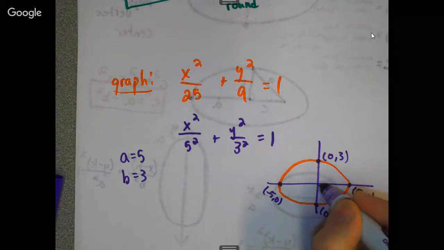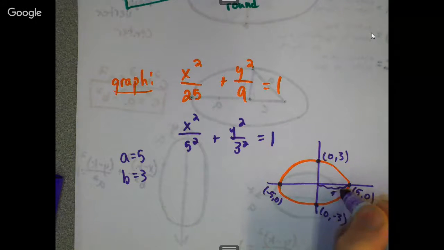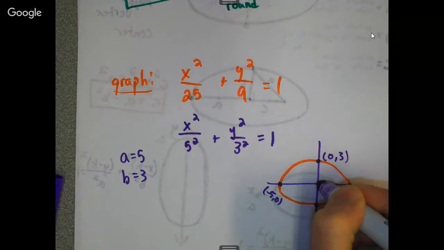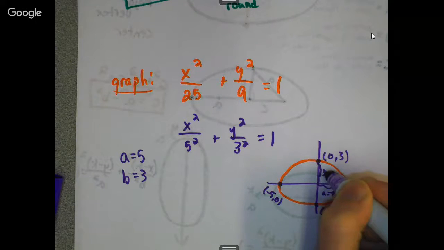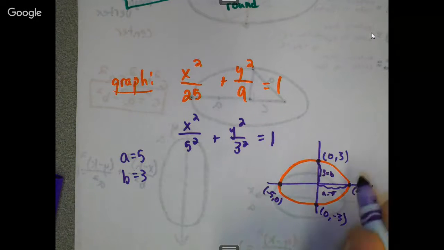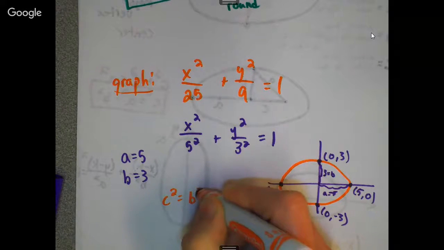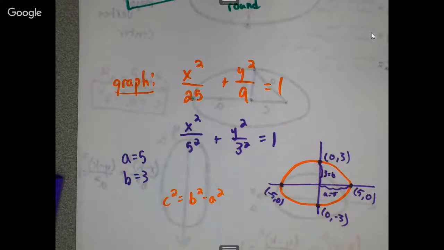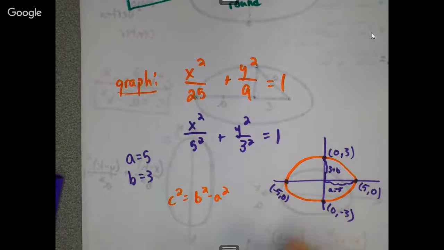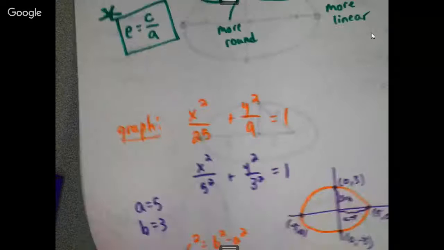You got to know that this distance is 5, which is A. This distance is 3, which is B. I could find C. C squared equals B squared minus A squared, which is what we just had on the flip side of this paper.